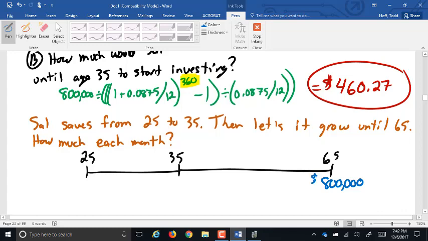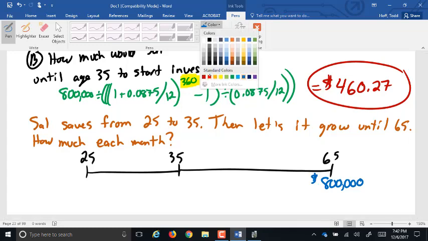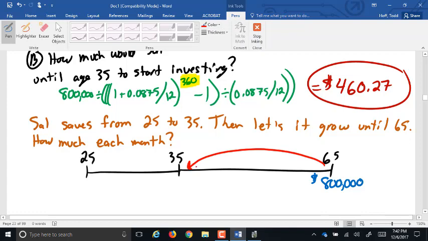That's at the 65 years of age. So we first have to get from 65 back to 35. During this time, Sal is not saving. It's just earning the 8 3/4% interest monthly, 25 years. So let's do that first.